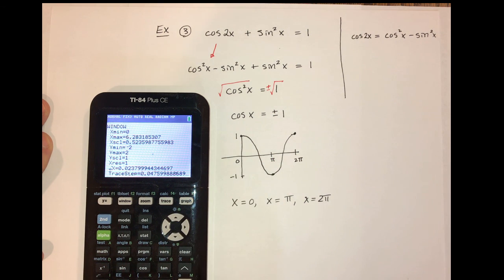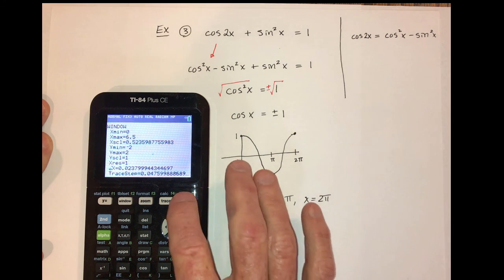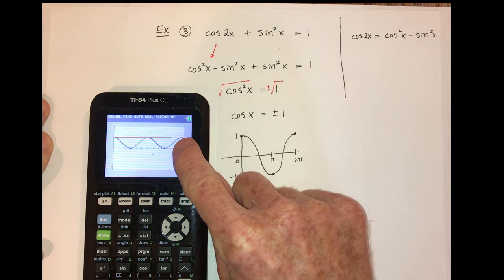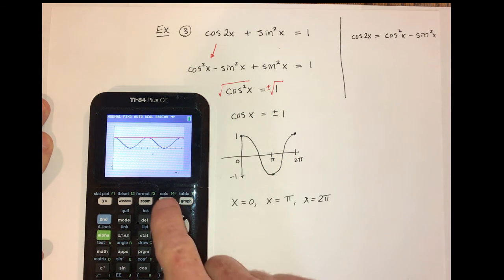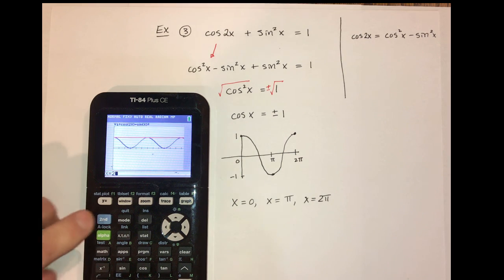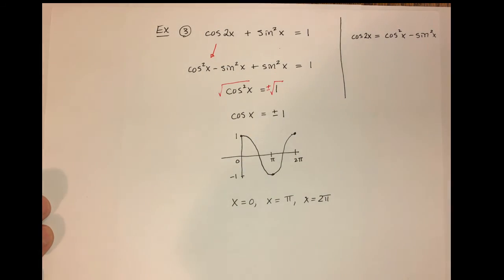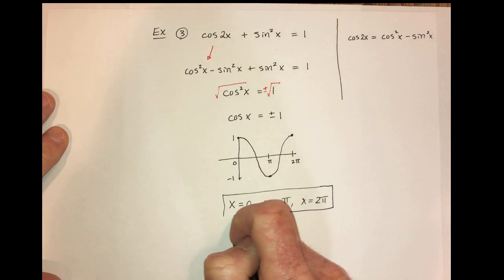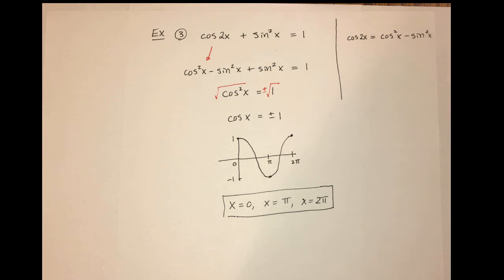So if you just put something bigger, like 6.5, and then regraph it, then it'll work. So now the graph is extended a little bit farther, so now trace, and now I can plug in 2 pi and see that that answer is correct. So these are the 3 solutions. Okay, until next time.